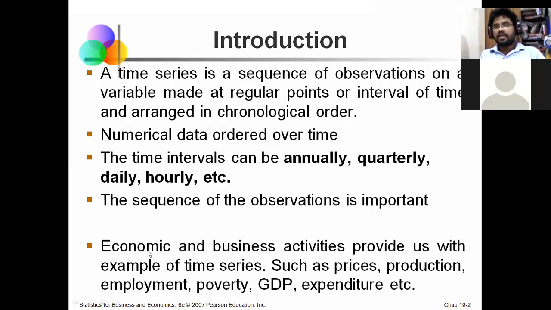Economic data: economics and business activities provide us with examples of time series, such as prices. For example, onion prices daily, production per season, for example paddy, maize, cotton, or any products.